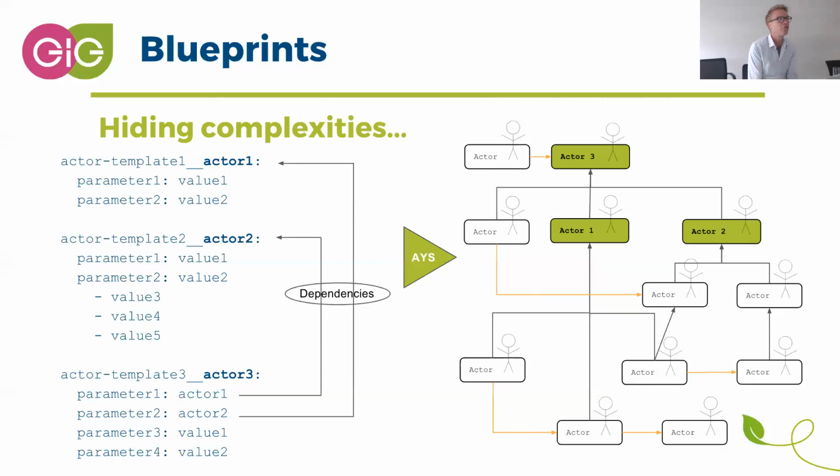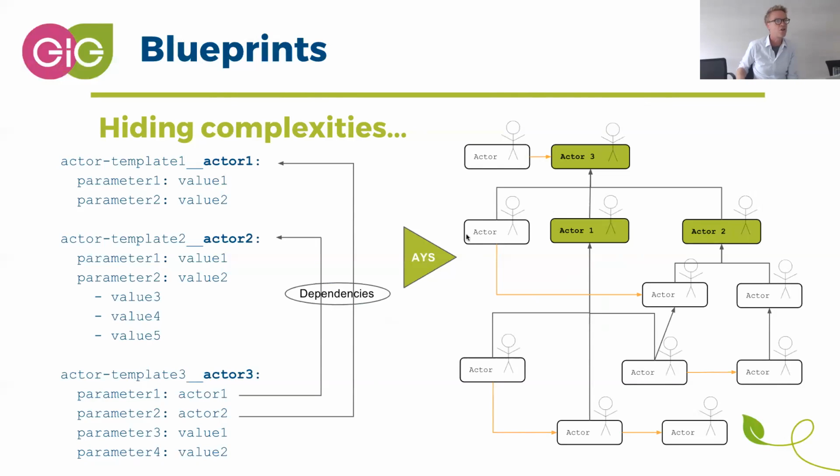Again, to the left you see the concept of a blueprint. As I already explained to you, it's always the name of the actor template, remember we had an example with VDC here, and then an underscore, and the instance name. We'll show examples that we have already been using. Then you specify values, I could have lists of values.